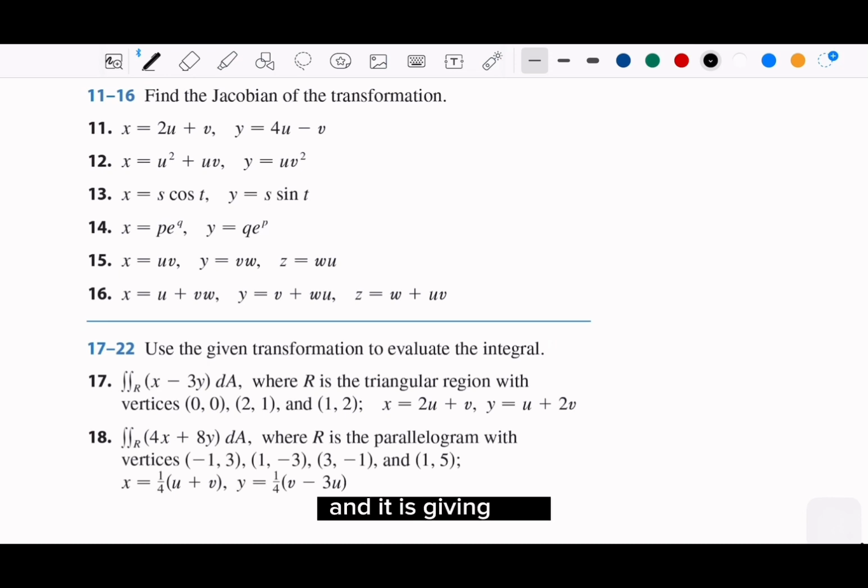And it is giving you some vertices, some region for the vertices. And you are given the transformations. It means that you are going to use this transformation for this x minus 3y.